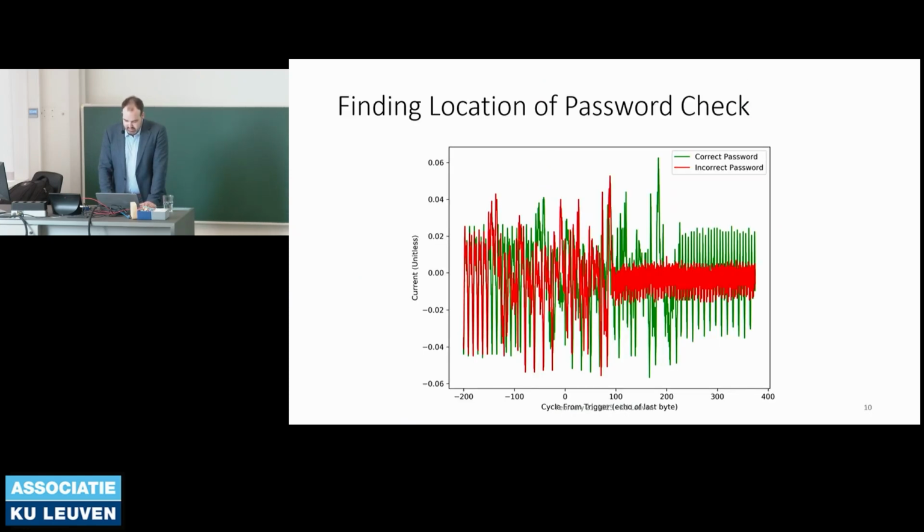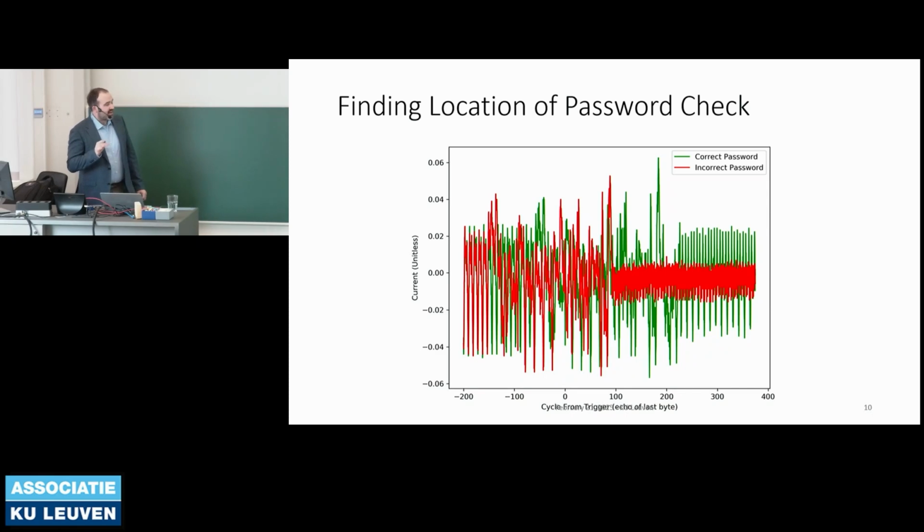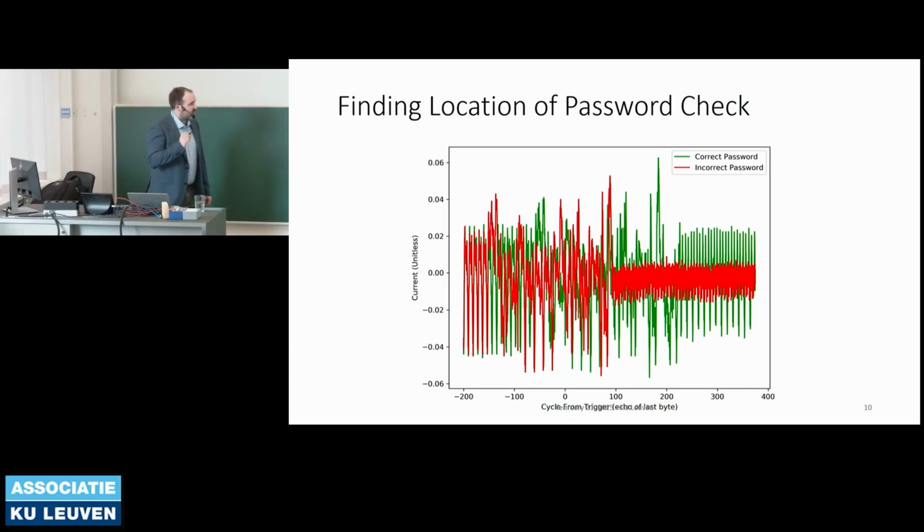And this bootloader has a pretty easy way of finding the location of the password check. The final check isn't as easy to exploit with power analysis, but it's very easy to exploit the instruction differences to find what happens with the correct and incorrect signature.